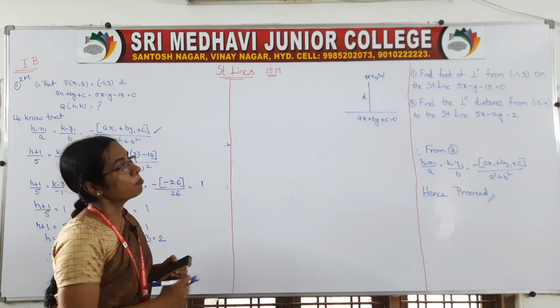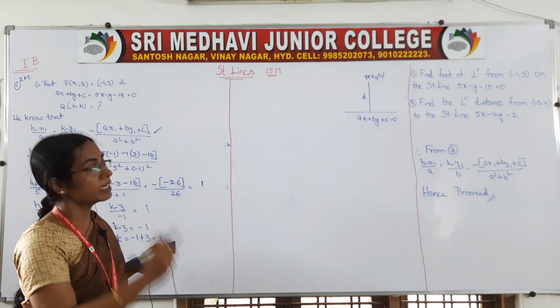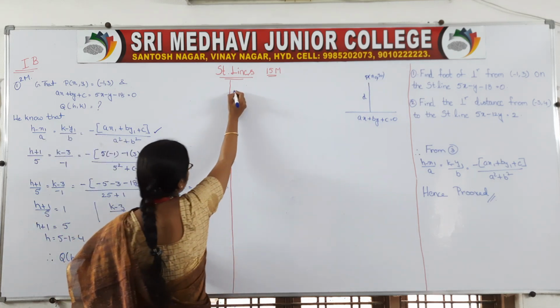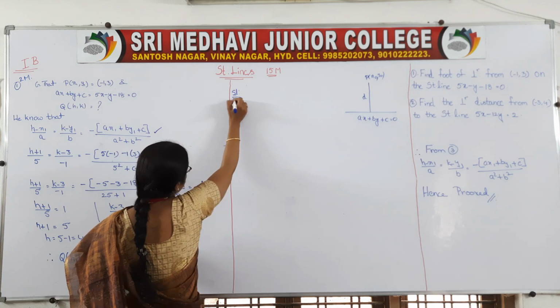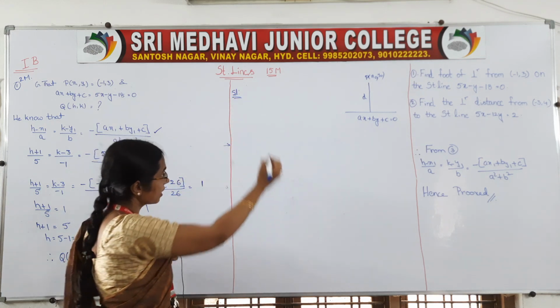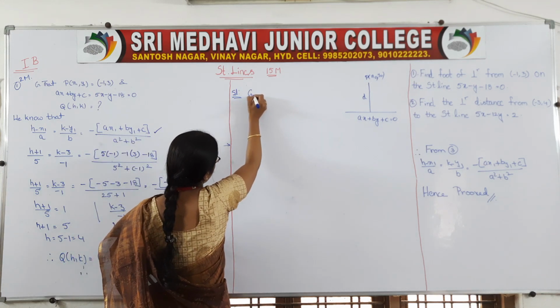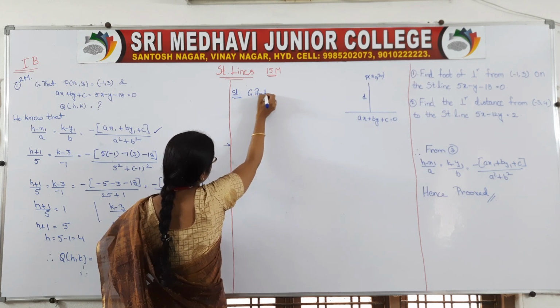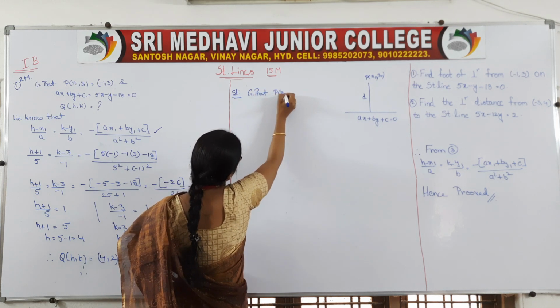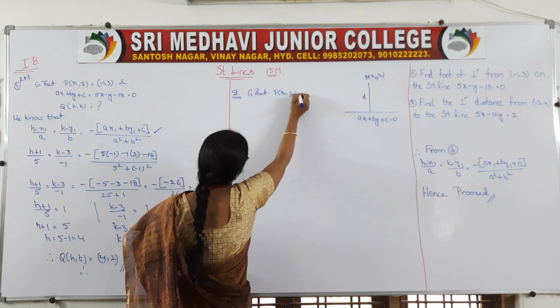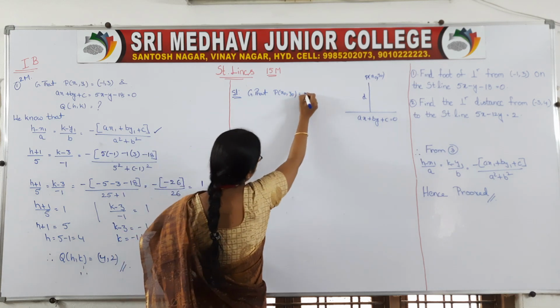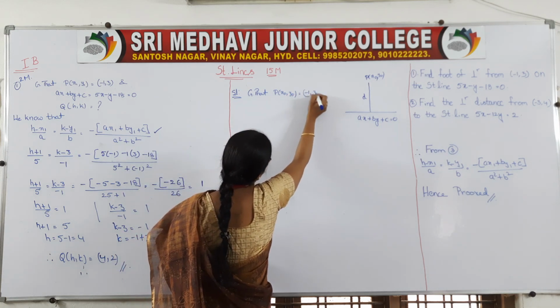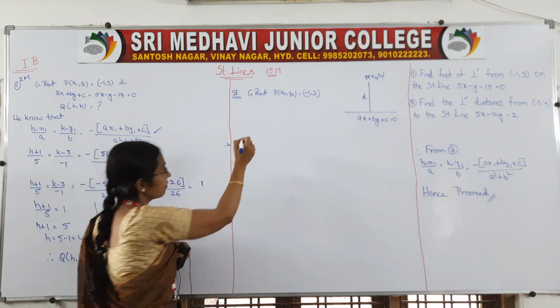So, here the point is given, the line is given, we have to find the perpendicular distance. What is the given information? P x naught y naught is given to us as minus 1 comma 3, and the line equation is given.